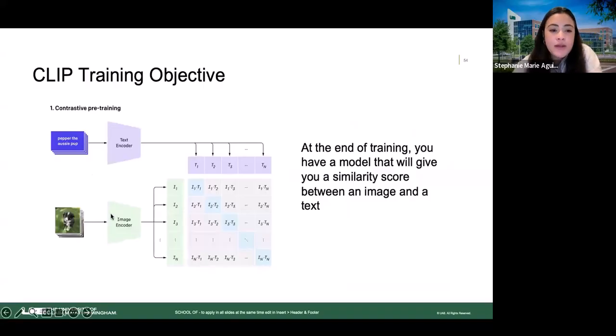So here you would have Pepper, the Aussie pup, this aspect of CLIP, or contrastive pre-training. You would get the Pepper, the Aussie pup, you have a text encoder, and then you would try and do the same thing for the image. You would patch base, and at the end you will have a similarity score of how well the text is imputed with the image. And that's what you would use for training.